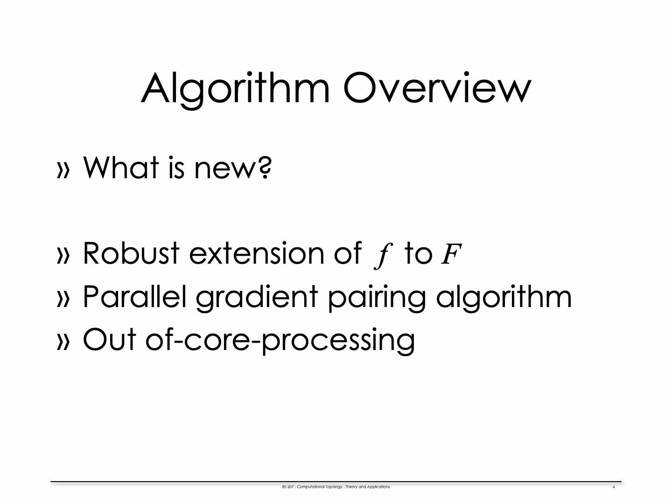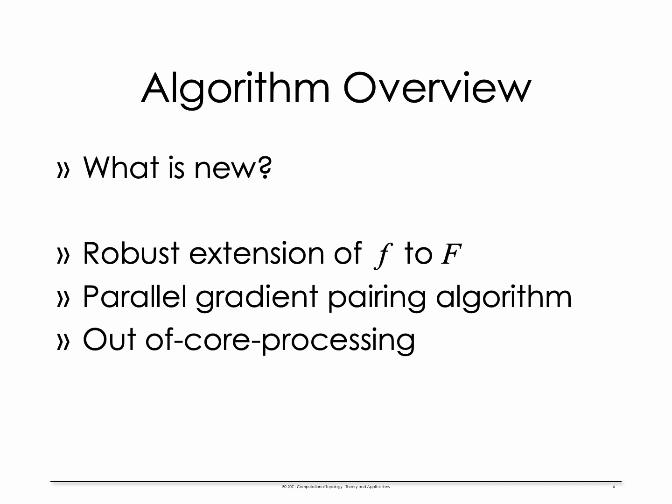So what is new in this algorithm? This algorithm provides a robust extension of the function sampled at vertices, little f, to capital F. It is robust in the sense that capital F preserves the gradient properties of the piecewise linear function to the best extent possible.